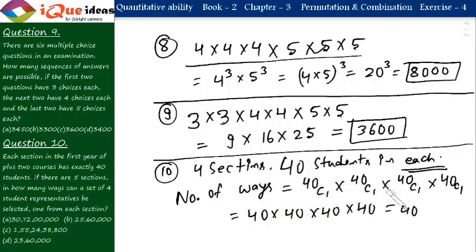Now 4 raised to the power 4 is 256. So 40 raised to the power 4 would be 256 and 4 zeros. So this is the answer of this question. 25,60,000. Okay. Alright, so the total number of ways is 25,60,000. Please make the necessary correction. Okay, because there are only 4 sections.